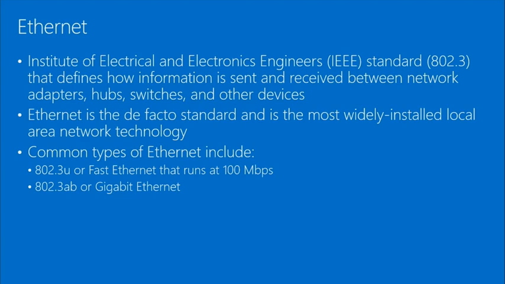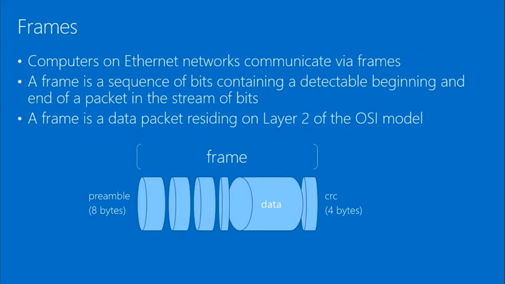So we have Ethernet, which is a representation of the physical media and how information is put on that physical media. Well, information is put on the physical media in frames. Basically, the way to think of a frame, you could think of it like a postcard. A postcard has areas that you write in.